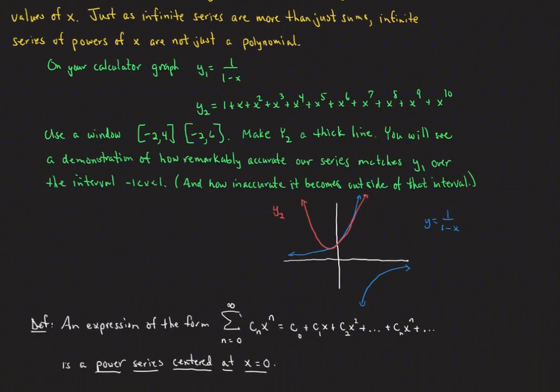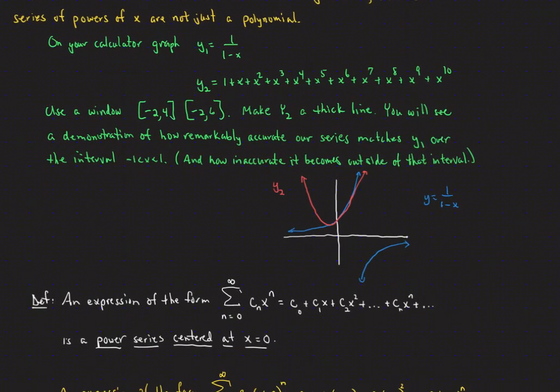Choose a window on your graphing calculator with an x-min of negative 2, x-max of 4, and a y-min of negative 2 and y-max of 6. On your y2, if you left arrow past the y2 and hit enter until you get that thick bar, it'll be a little easier to see. Then you'll see something remarkable.